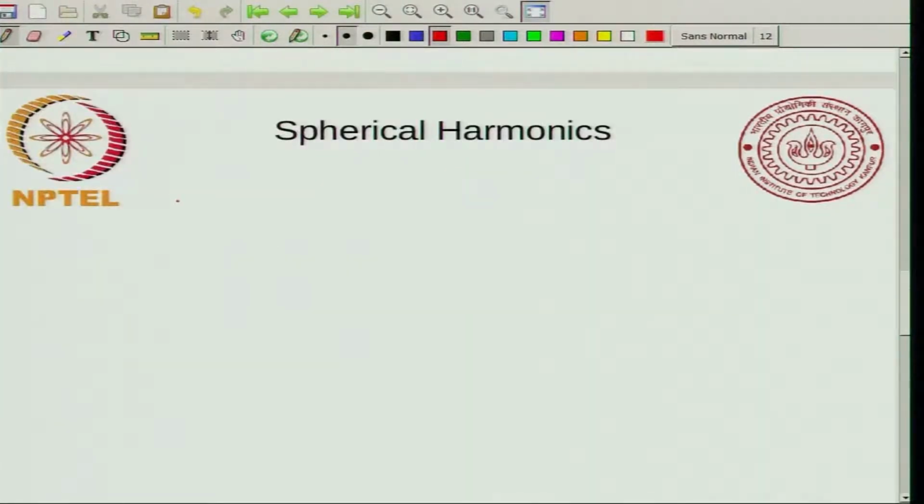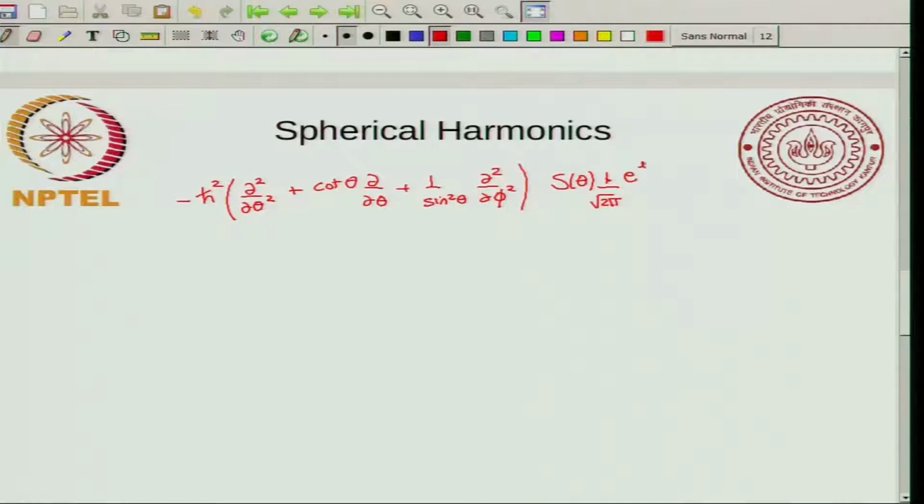I will just write it explicitly: minus h bar square, and you have del square by del theta square plus cotangent theta del by del theta plus 1 by sine square theta del square by del phi square, acting on y. Instead of y I will write S of theta, which is only a function of theta, times 1 by root 2 pi e to the i m phi.